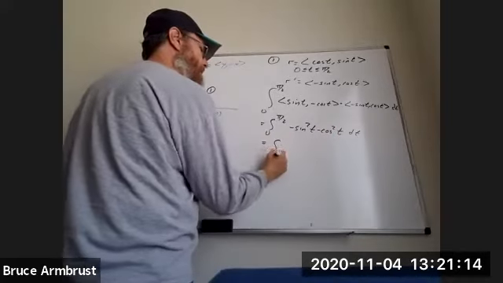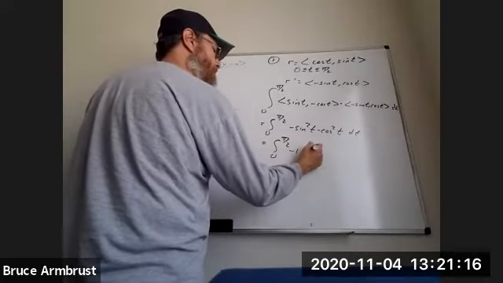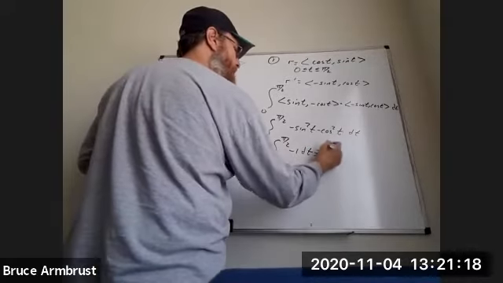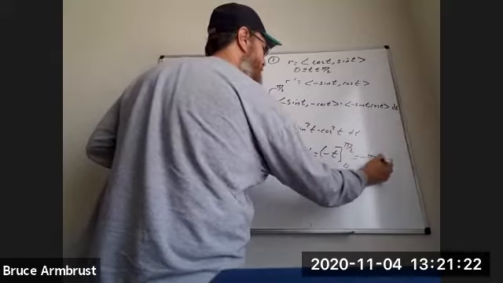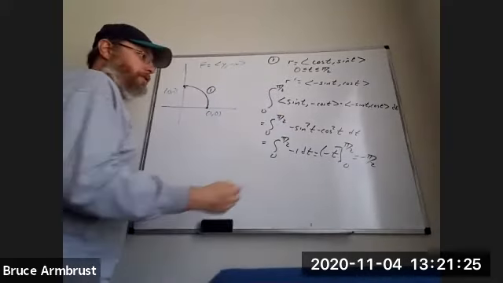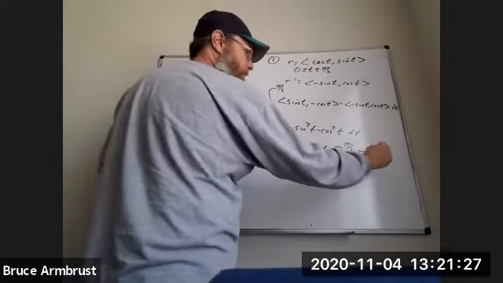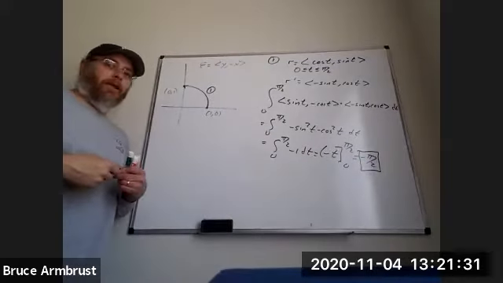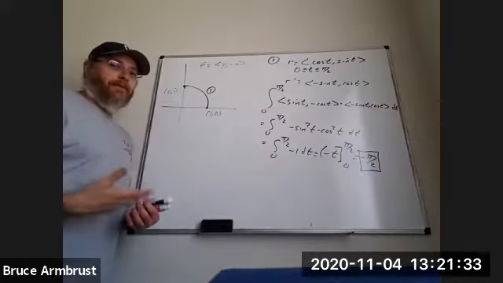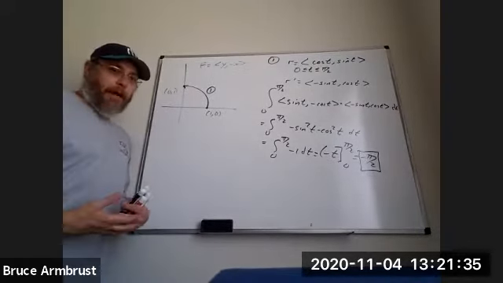Because that's just minus 1. So we get minus t evaluated from 0 to pi over 2. And so we get negative pi over 2. All right, so the value of this vector line integral is minus pi over 2.